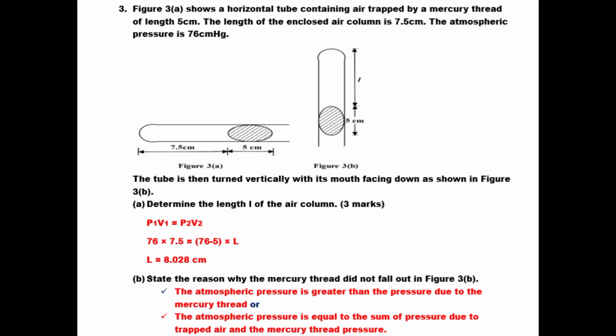So 76 minus 5, that is the pressure 2, then multiplied by volume. For the volume, again, we are treating the height of the trapped air as the volume. So 76 minus 5 times L. So L becomes 8.028 centimeters.